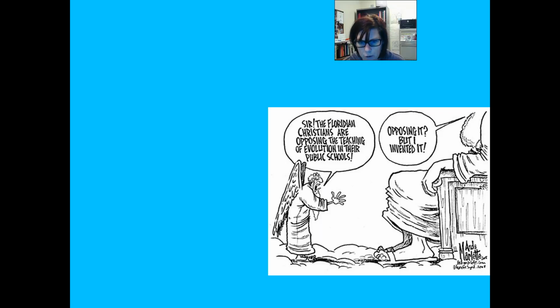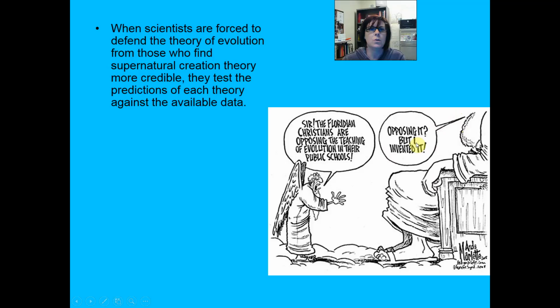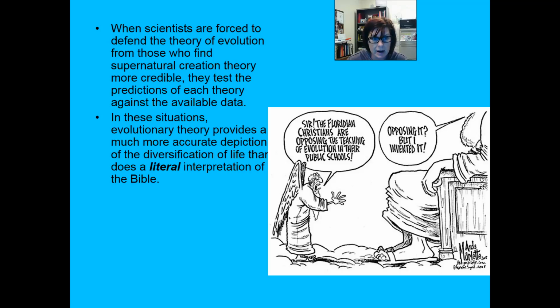Okay. I like this cartoon too. It says, "Sir, the Floridian Christians are opposing the teaching of evolution in their public schools." And this is supposed to be God opposing it. "Why would they do that?" "Because I invented it." All right. When scientists are forced to defend the theory of evolution from those who find supernatural creation more credible, again, in science, we test the predictions of each theory based upon the available data.